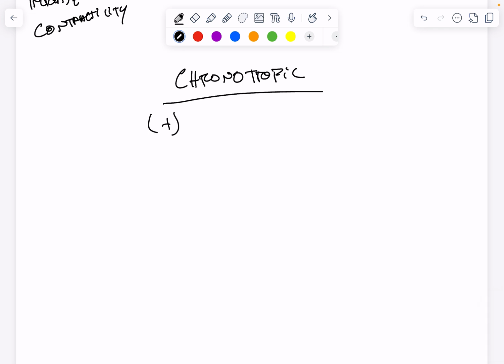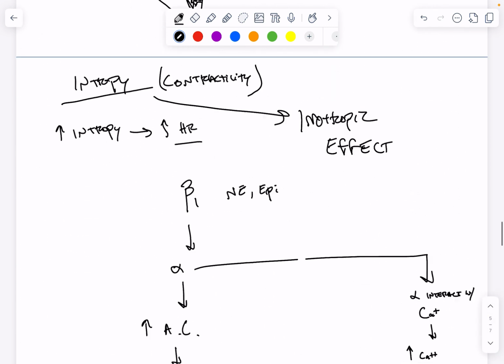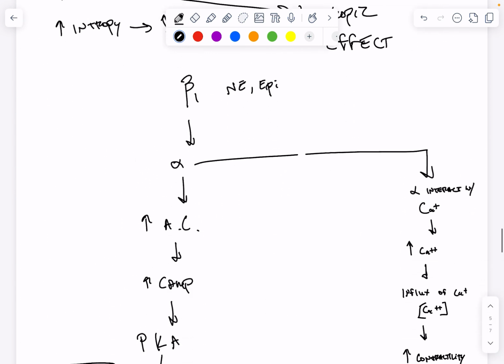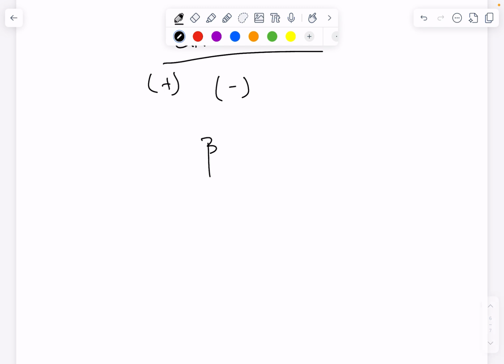Chronotropy is just the increase or decrease of the heart rate. However, I'm pretty sure this is just done through the parasympathetic activity, and then the sympathetic division of the nervous system only affects inotropy. So again, we're going to have beta 1 receptors.